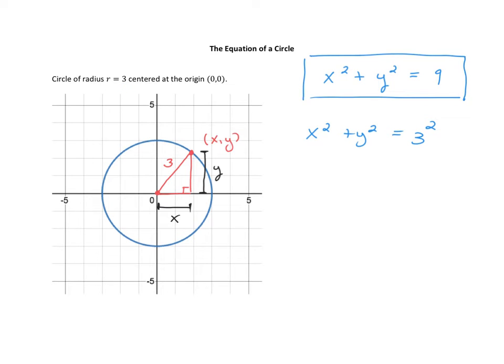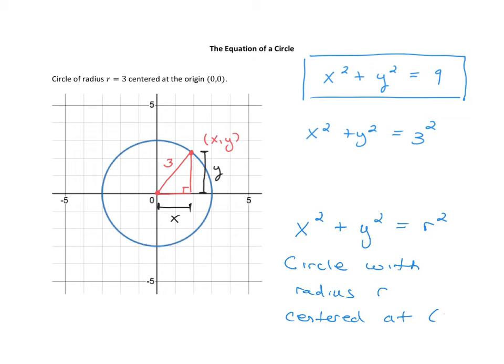So in general, for the equation of the circle centered at the origin, it is x squared plus y squared is equal to r squared. So this is a circle with radius r centered at the point 0, 0, which is the origin.